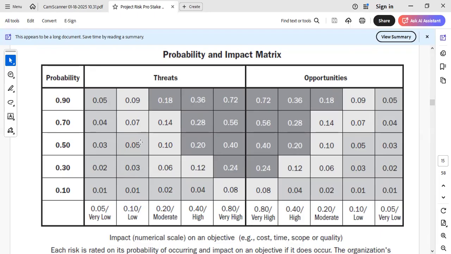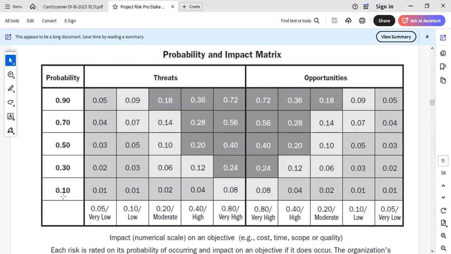Take a look at this column. The left-hand column is giving us a scale from 0.1 to 0.9. 0.9 is close to 1. That shows that anything that falls within 0.9 is close to 1, which means it has a higher certainty of occurring.